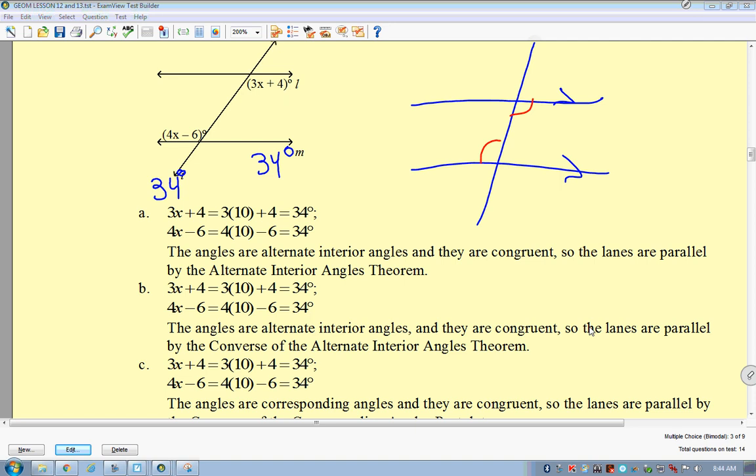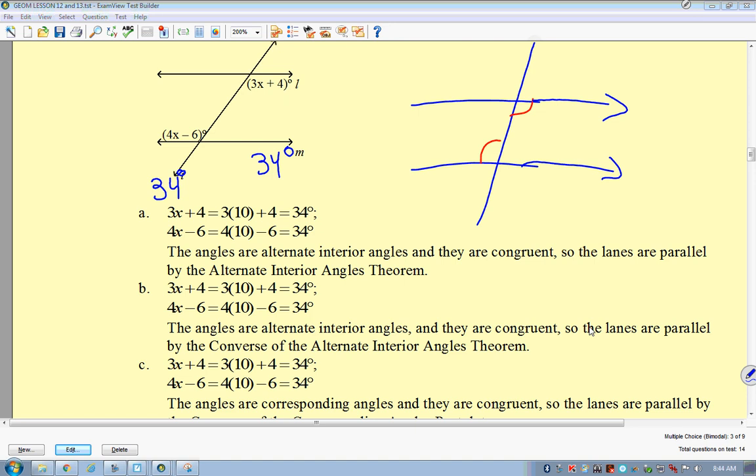Does that help? The converse says I start with the angles. The regular normal one says I'm starting with parallel lines.